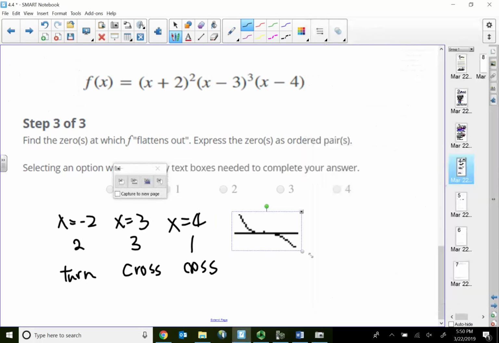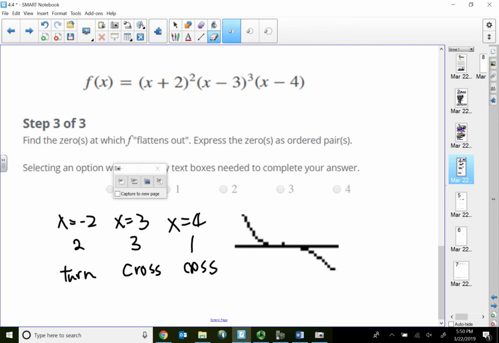So what's happening right here is it just appeared to be flat, but it did not cross over at this point. It only crossed over the x-axis at exactly 3. The y values are so small that in the picture it looks like it flattens.